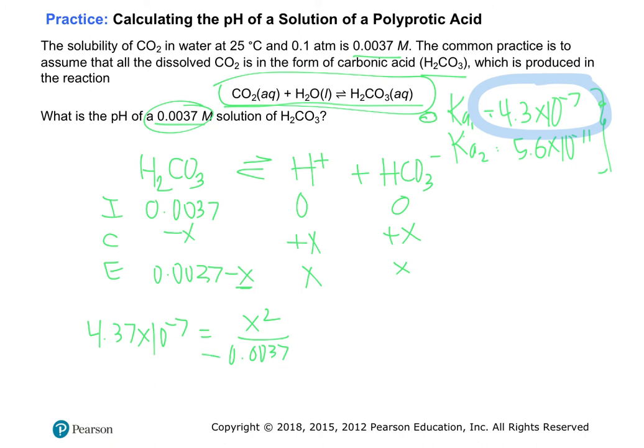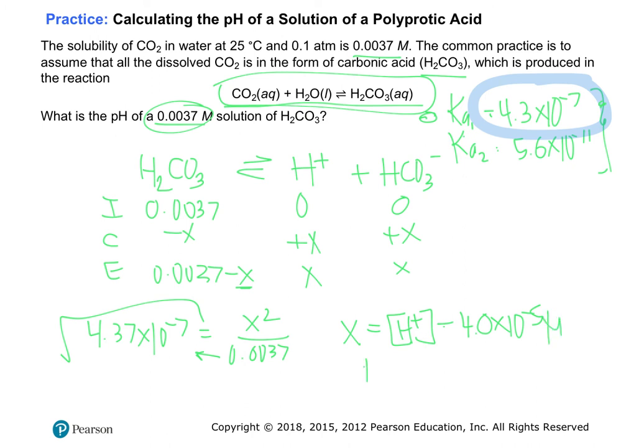When we solve for this, we're going to move that denominator up, multiply it by both sides, and then square root the whole thing. And we're going to get that x, which is equal to our hydrogen concentration, is 4.0 times 10 to the negative 5th molar.